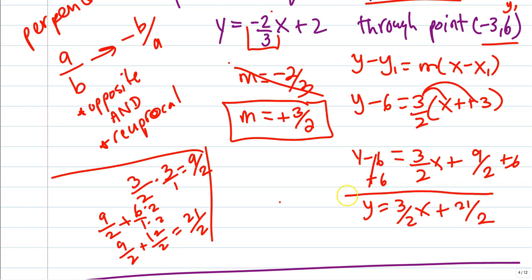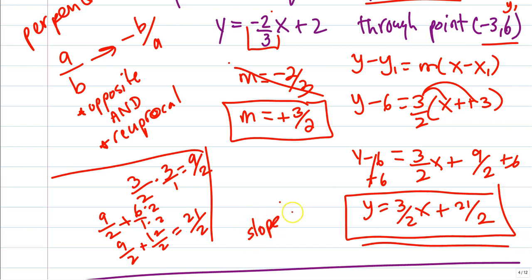By the way, you're allowed to use a calculator. Your calculator can add fractions, okay? So if you got one of those $5 calculators, it adds fractions. You don't have to be able to do all this work on the side. Go ahead and let the calculator do the heavy lifting, okay? But this would be your final answer in slope intercept form.